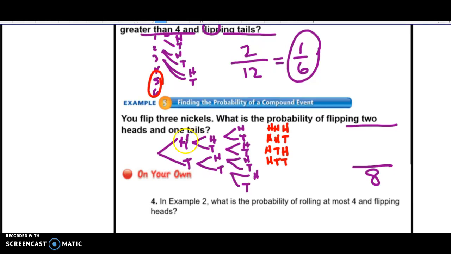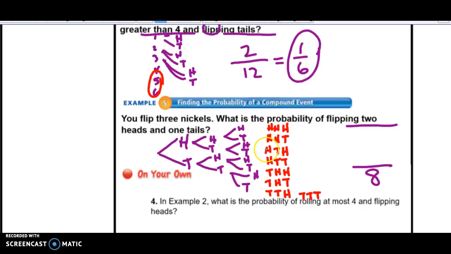I could get tails, heads, heads. Or I could get tails, heads, tails. And finally, I could get tails, tails, heads. Or I could get tails, tails, tails. Ran out of room for that one.